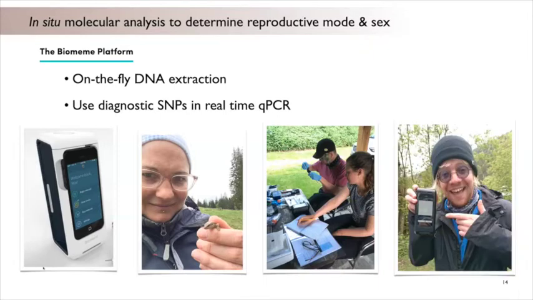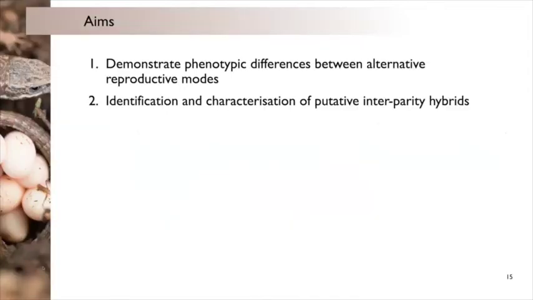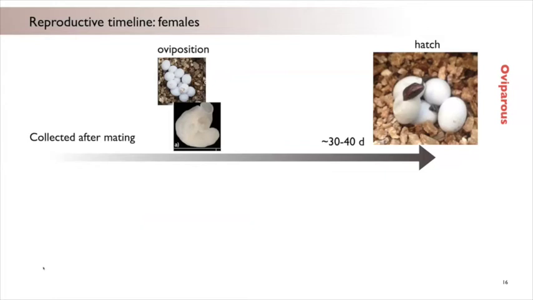And then we run it to test so that we can know from the collections very quickly which parity mode we have, and also we can do sexing of juveniles who are too young to be sexed based on phenotype. So using this whole setup of analysis in the field, we're looking at these alternative reproductive mode phenotypic differences and also looking for hybrids.